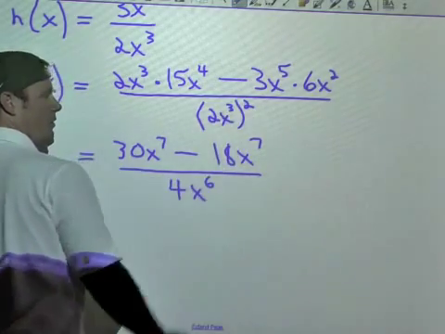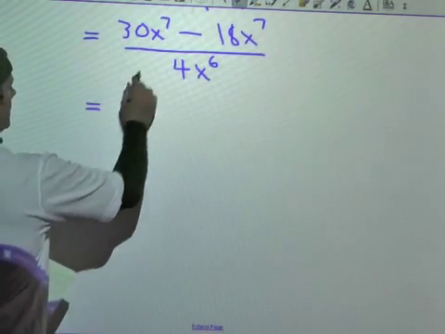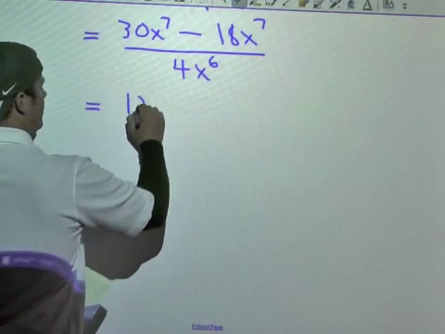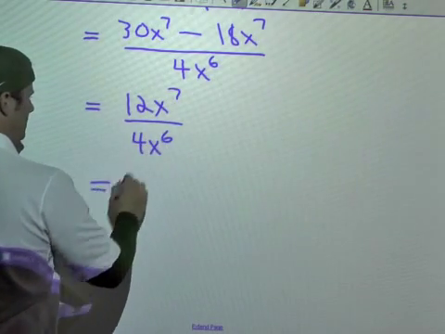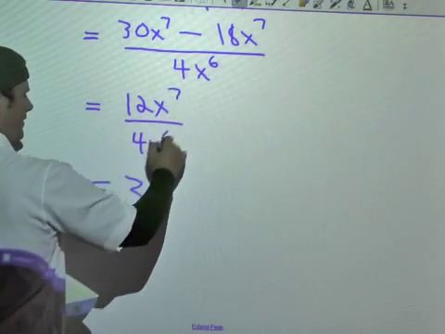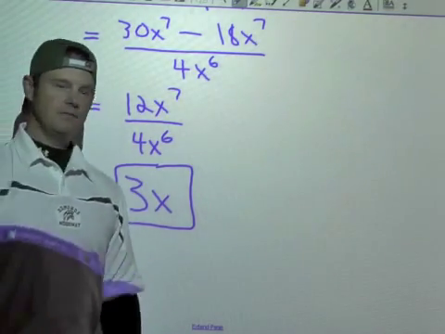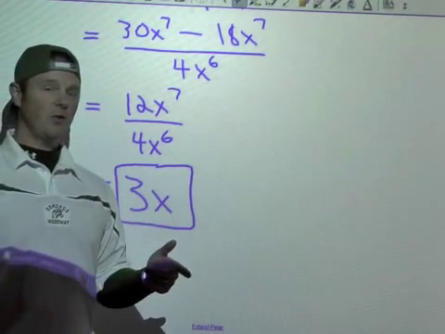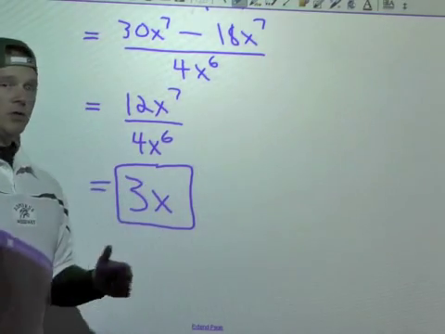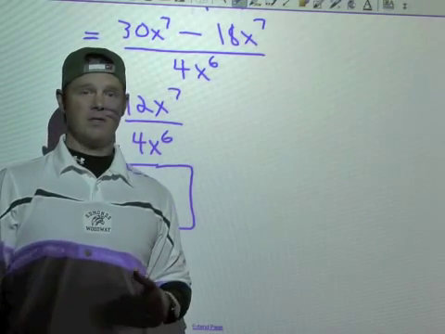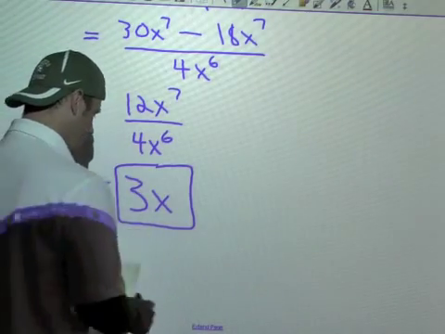Remember, a power to a power, you multiply the exponents. 30 minus 18 is 12x to the seventh over 4x to the sixth. 12 divided by 4 is 3. x to the seventh over x to the sixth is x. Whoop-de-doo. So again, it was a lot easier to do the other way, but this shows you that the quotient rule actually does work. Now, the quotient rule actually is necessary because there are problems that you can't do in other ways. So let me show you an example of such a function.